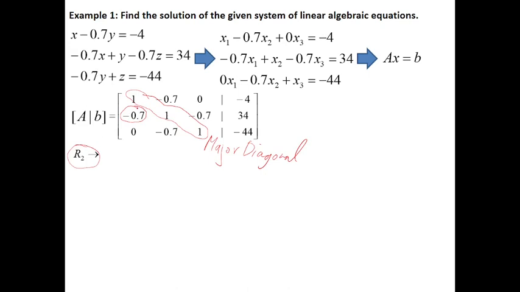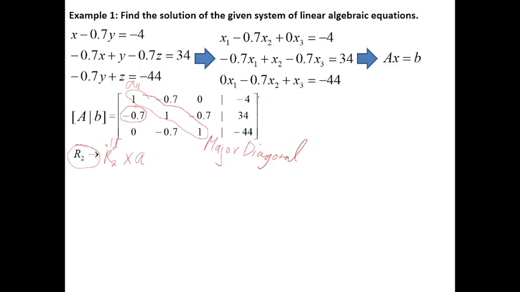We are to multiply all the original or old elements in the second row, so R2 multiplied by A11, which is the element above negative 0.7.